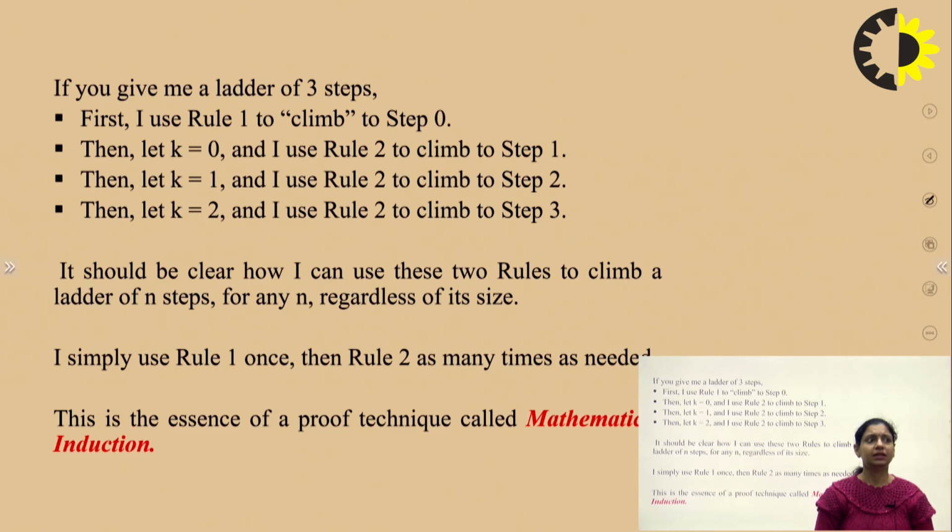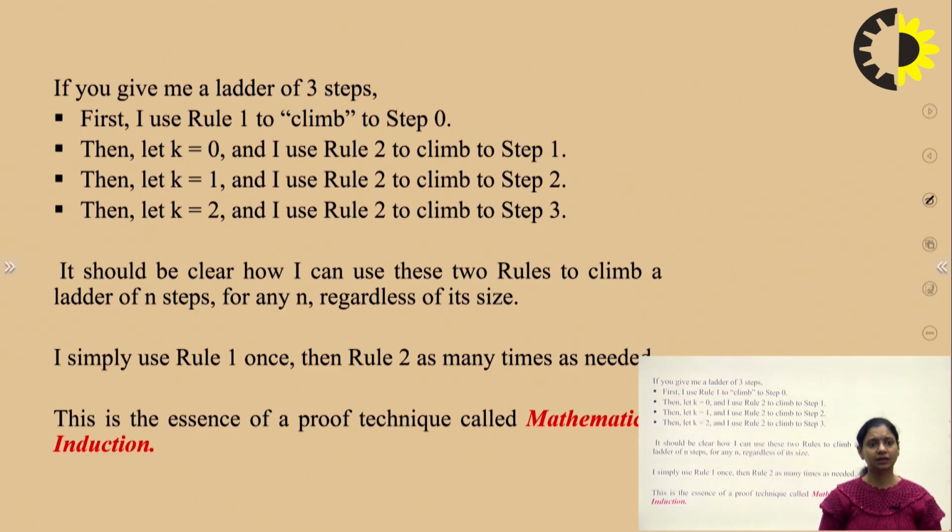For example, if someone gives me a ladder of 3 steps, I use rule 1 to climb to step 0. Then when I am at step 0, I can use rule 2 and move to the next step, that is 0 plus 1, the first step. Now, when I am at the first step, I can move to step 2 by using rule 2, that is, if I am at step k, I can easily reach step k plus 1 and so on.